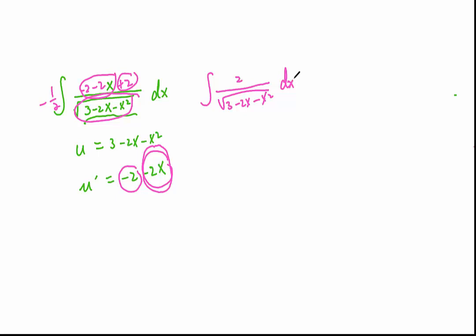So this is under the square root, so we should think about trig substitution. But trig substitution needs a square and a constant. So what should we do? Right, we need a constant, and we must have x squared with a constant number. But this is 3 terms.